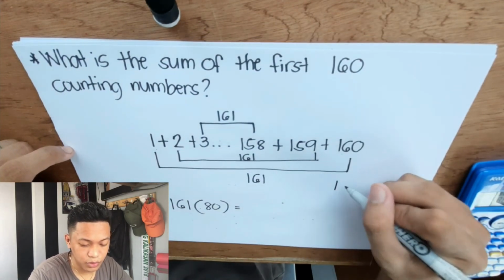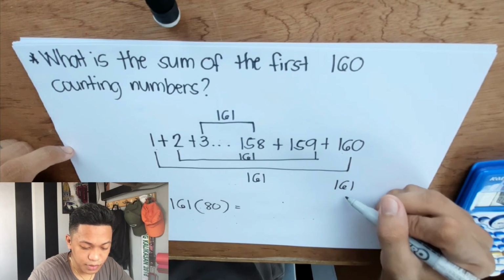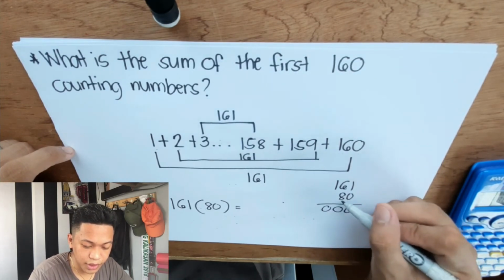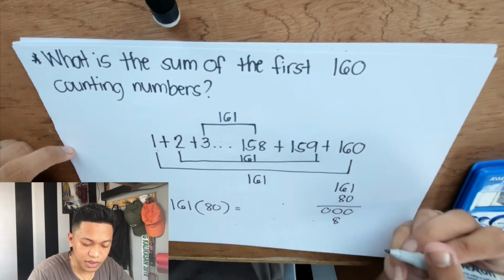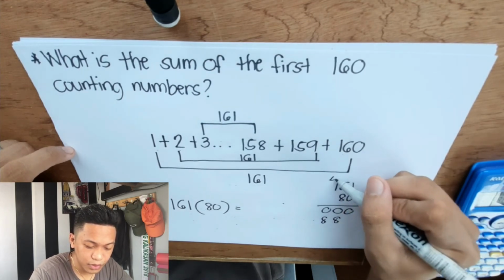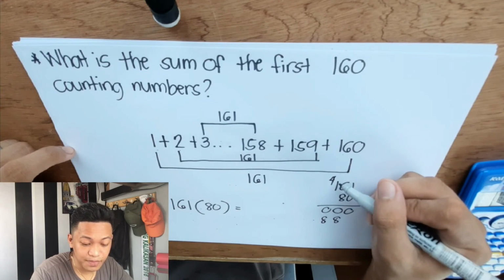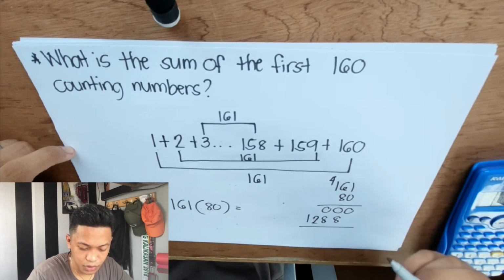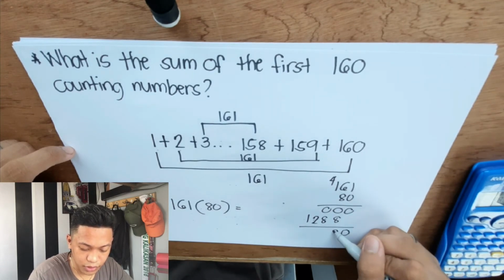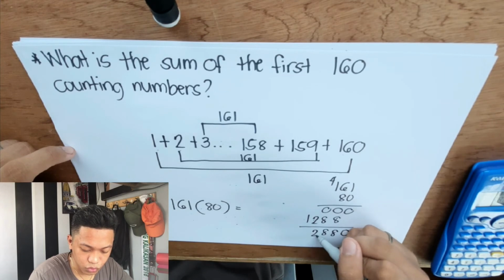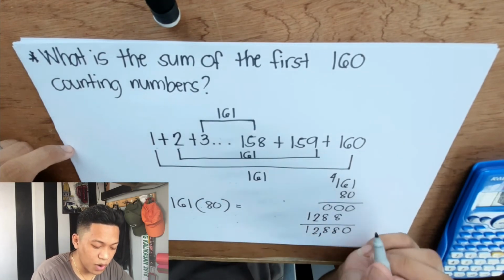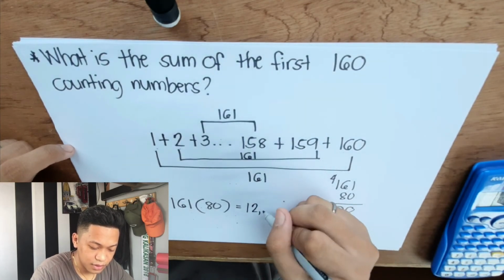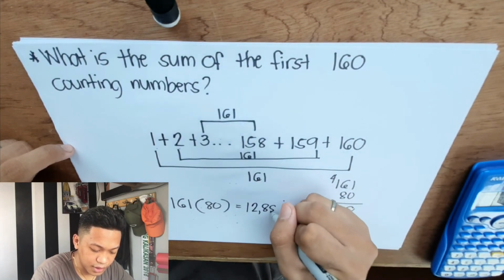So, let's compute 161 times 80. 0, 0, 0. 8 times 1 is 8. 8 times 6 is 48. 8 times 1 is 8 plus 4 is 12. So, 161 times 80 is equal to 12,880.